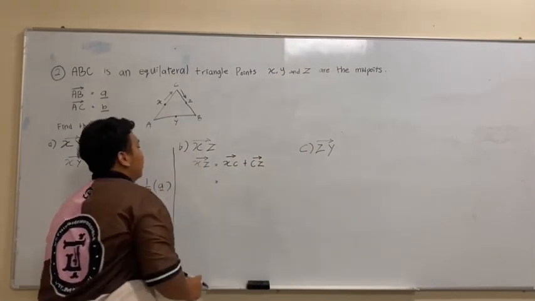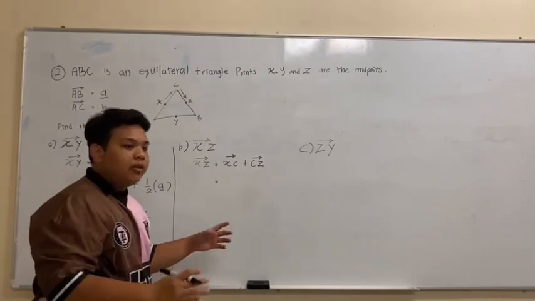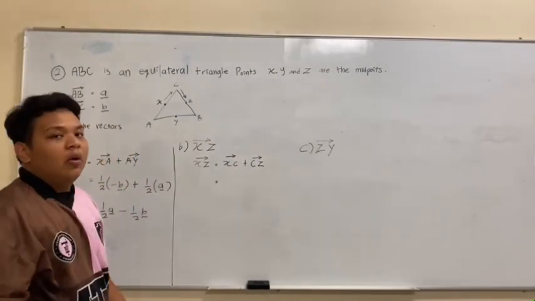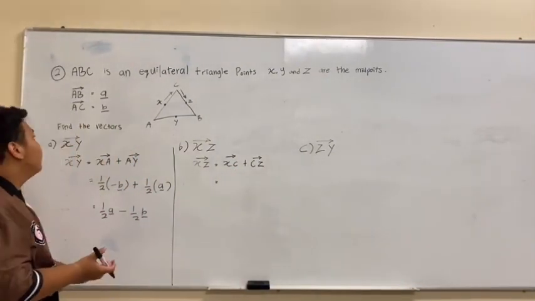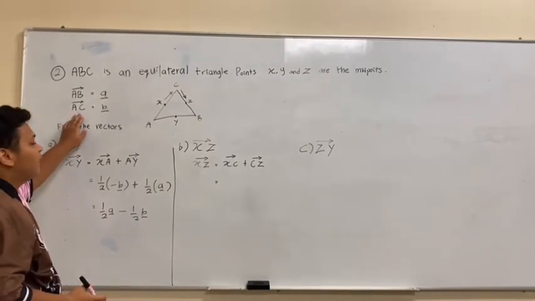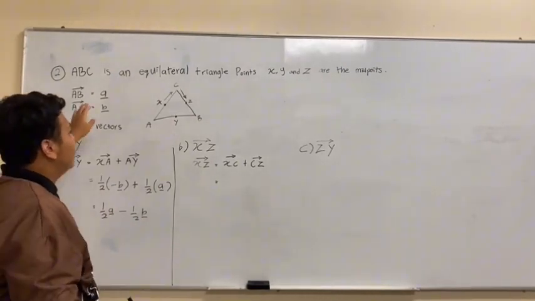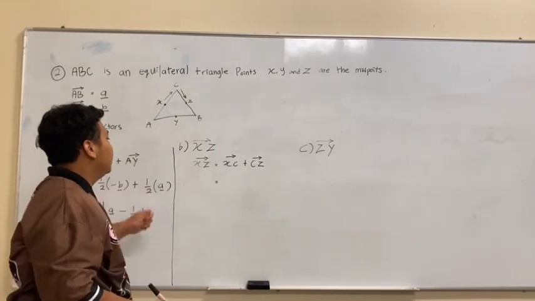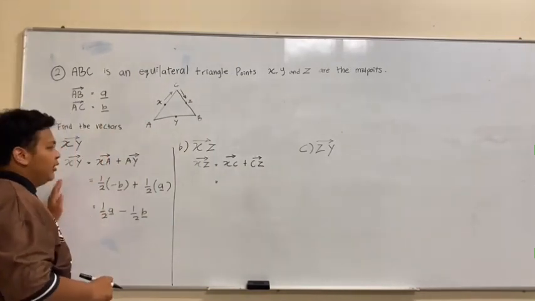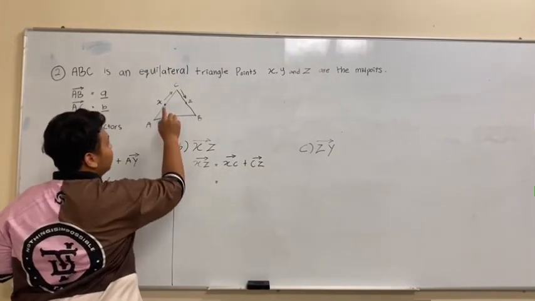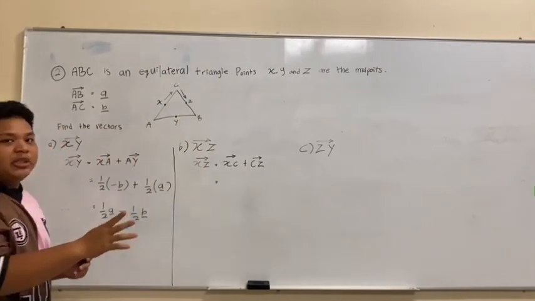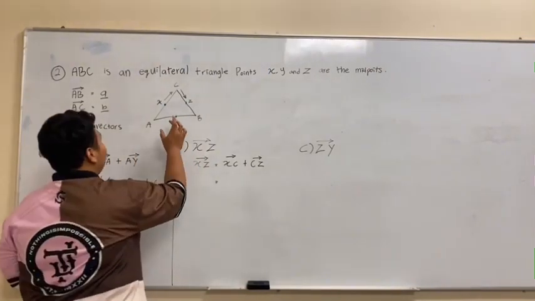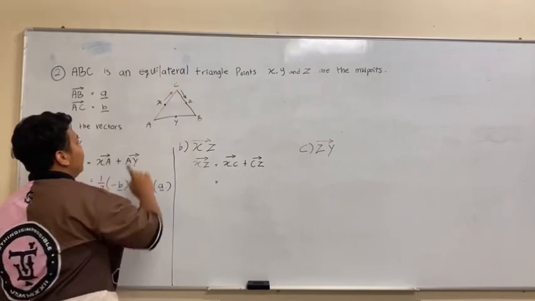How do we find the magnitude for XC? As we know, the information gives us that vector AC has magnitude B. Same as the previous question, X is the midpoint of vector AC, so we have to take half of the magnitude.